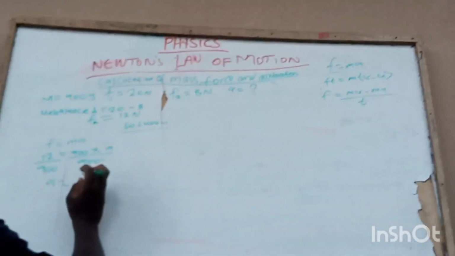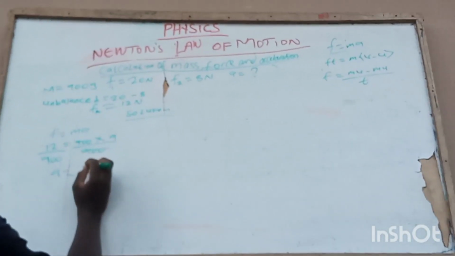That's 1/75. So this is going to give us 0.113. So when we get this, 0.133, but this question is in grams, and we have already divided it.